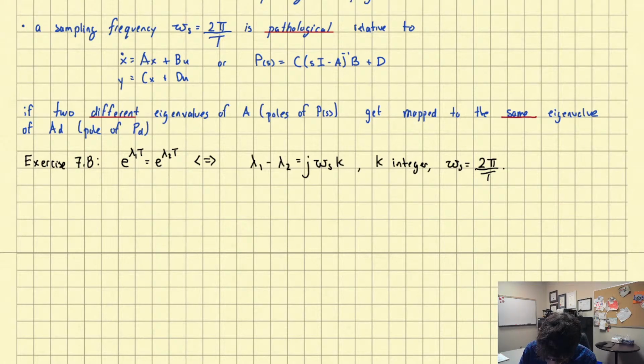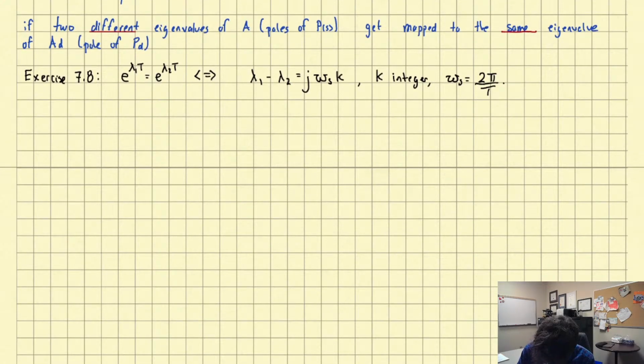So the picture would be something like this. Right, in the S-plane, you might have poles something like this. So say pole here, and pole here. And so what this is saying is that these are clearly different locations in the S-plane, different poles or different eigenvalues.